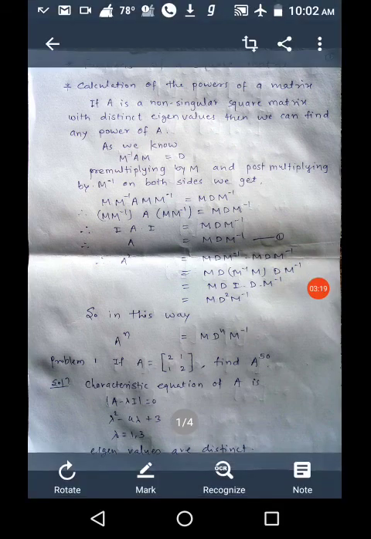Problem number 1: if A is equal to [[2,1],[1,2]], then find A to the power 50. You can write this question as find A to the power 100, also 101, 200, etc. You can try at home independently.